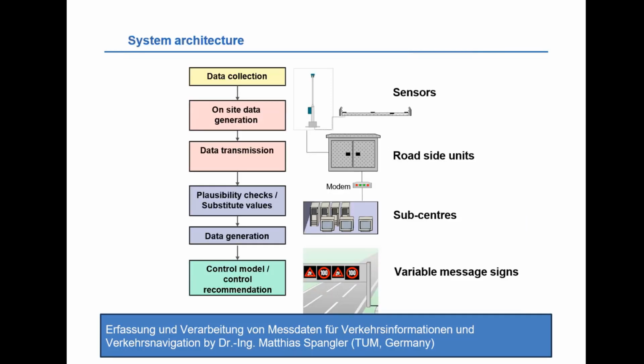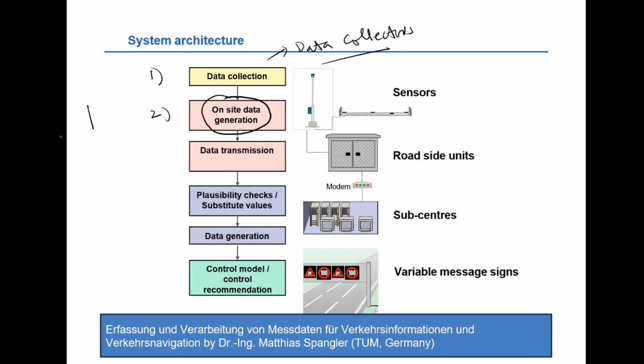So how does the system actually work? Before jumping into the different observation parameters, you need to understand once again that the first stage is data collection, with the data collectors, which we already covered in our previous slides. And then we have the on-site generation of the same data.